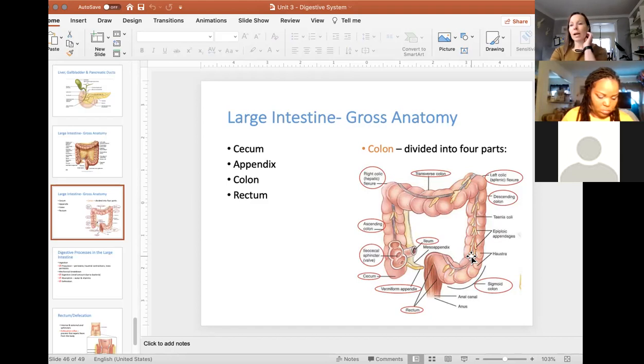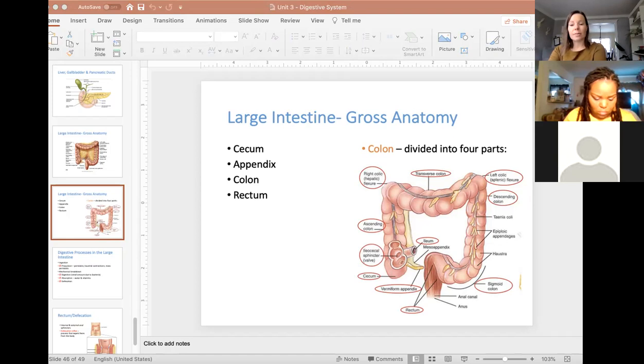It's here where you'll have maybe a little bit more breakdown of food, but most digestion has happened already by the time food gets to the large intestine. There are bacteria that live in the large intestine, and any digestion that happens here is done by those bacteria. So they actually aid in a little bit of digestion.